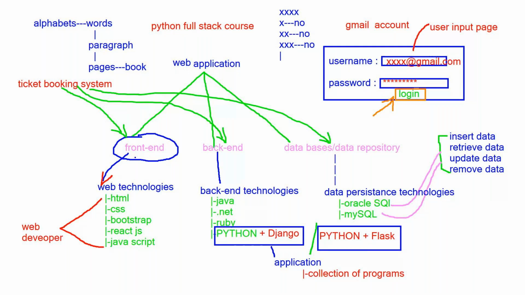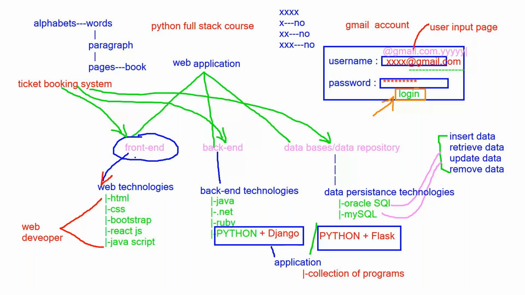That will be done with the help of validations. For example, here a username is there. In general, what is the format of any Gmail? Something xxxx at the rate gmail.com. At the rate gmail.com is the common part. If you give anything other than this, I will give it like this: at the rate gmail, then .com written incorrectly.